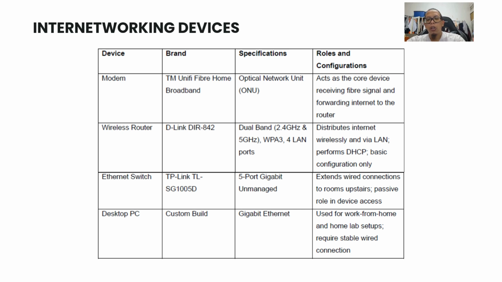It's used for work from home and also home lab setups, and it requires a stable connection, not inconsistent. If inconsistent, there's an issue when using it for this kind of usage.